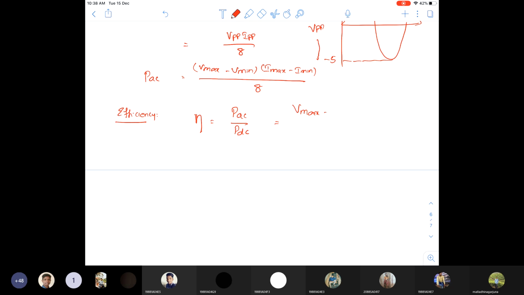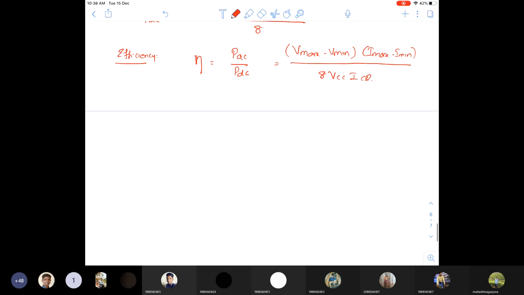V max minus V minimum into I max minus I minimum by 8, into VCC ICQ. Is it clear this step? Yes, sir. PDC, write it. Fine. This is the equation of the efficiency.